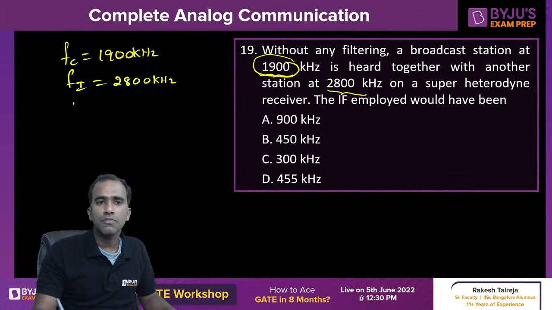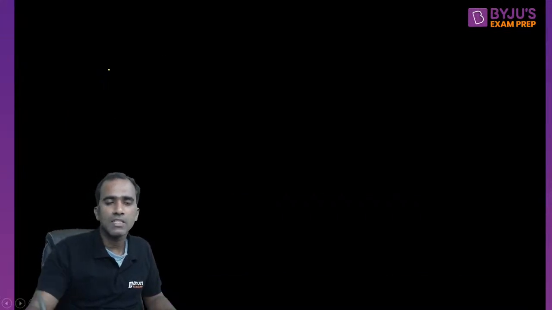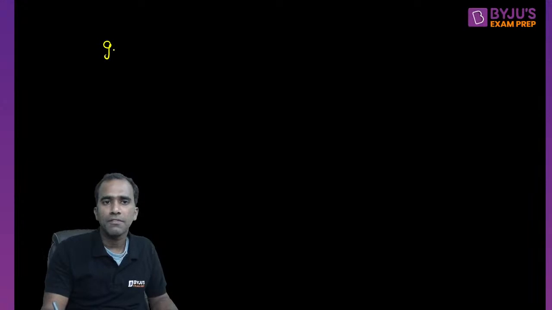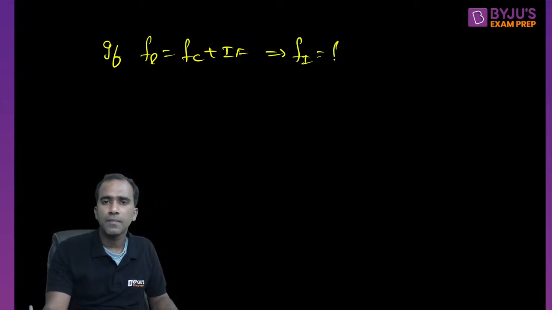Okay, they're asking us to find the IF, intermediate frequency. So the relation between Fi and Fc, I'll just revise quickly. If you take the local oscillator frequency as Fc plus IF, then the image frequency will be Fc plus 2IF.